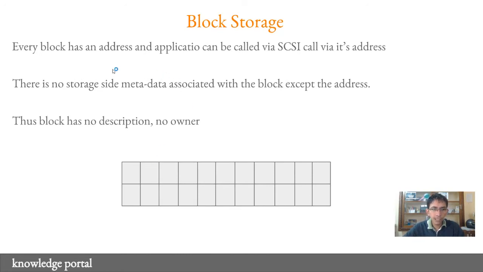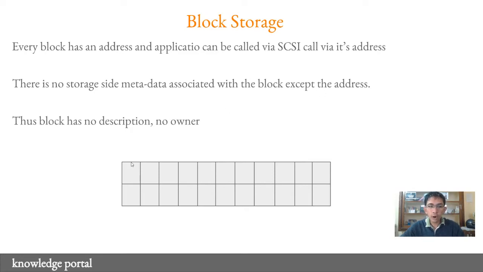Now, when we speak about block storage, every block has a specific address, and applications can call those specific blocks via a SCSI call via the block address. Now, one more important thing to remember is that there is no storage side metadata associated with a block except the address.